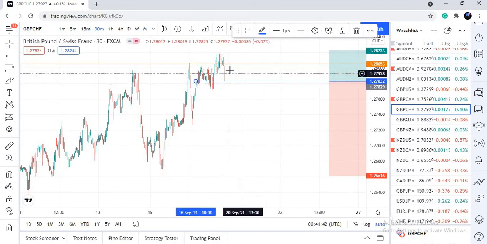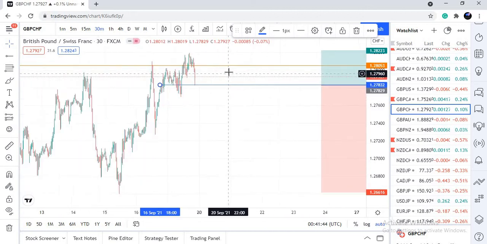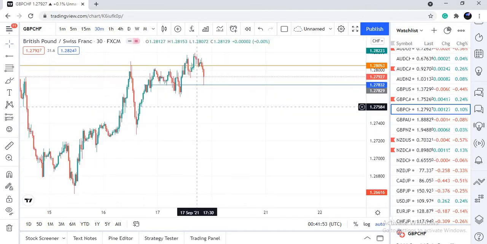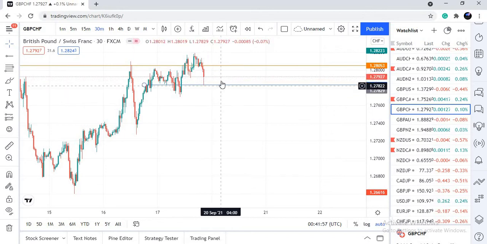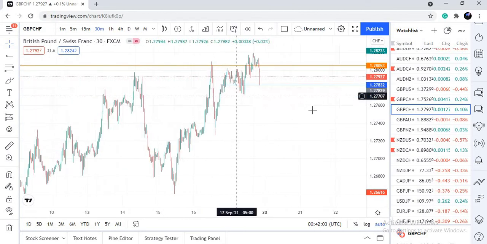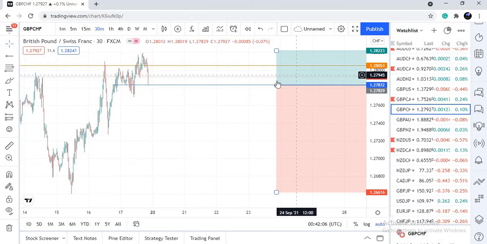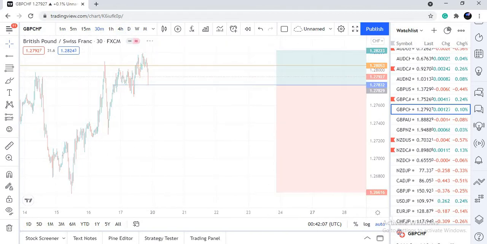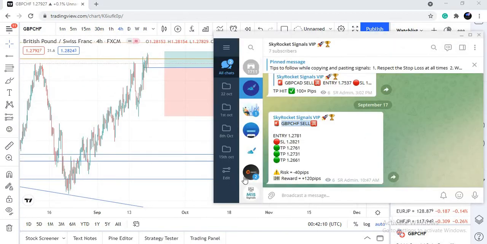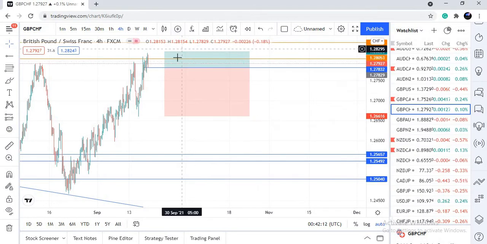So we are hoping that the trade is going to continue moving down. As you can see, this is a really bearish movement, but it is rejecting, indicating that it's still going to continue moving up. But let's see how things will go, whether it might hit our stop loss, which we set to about 35 pips. I think we set our stop loss to about 40 pips.